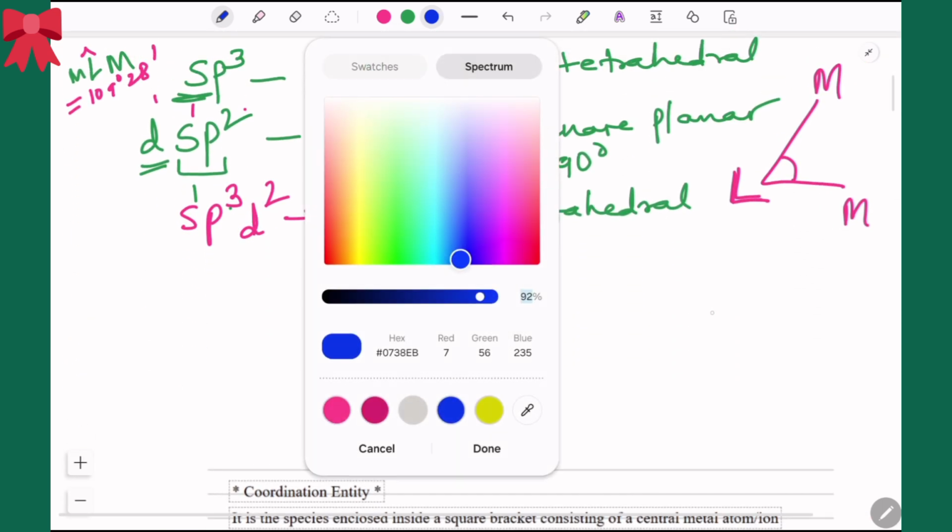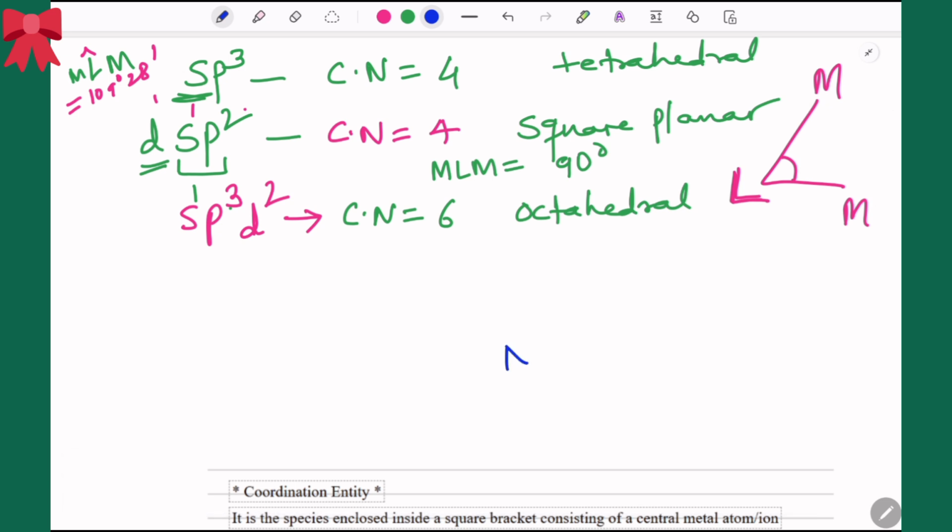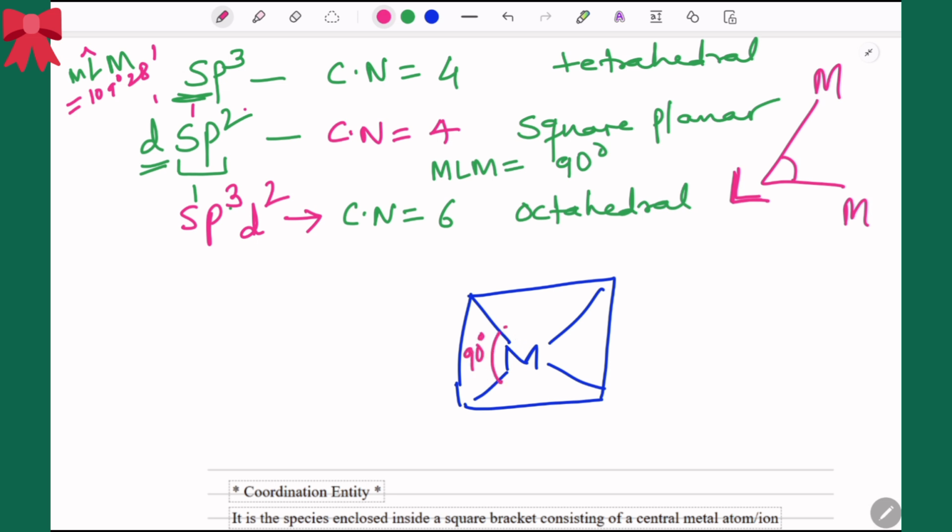I'll just draw the shape once again, like this. Look at this, I'll just draw a rough figure. They're all perpendicular, right? This is 90, 90, 90 and 90, okay, because the total has to be 360 degrees.